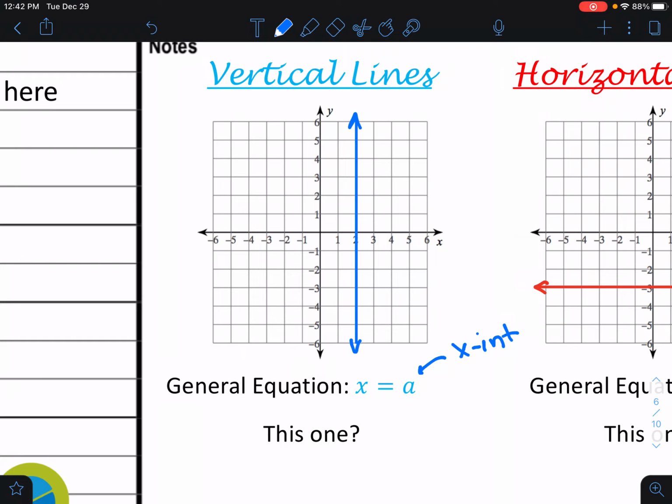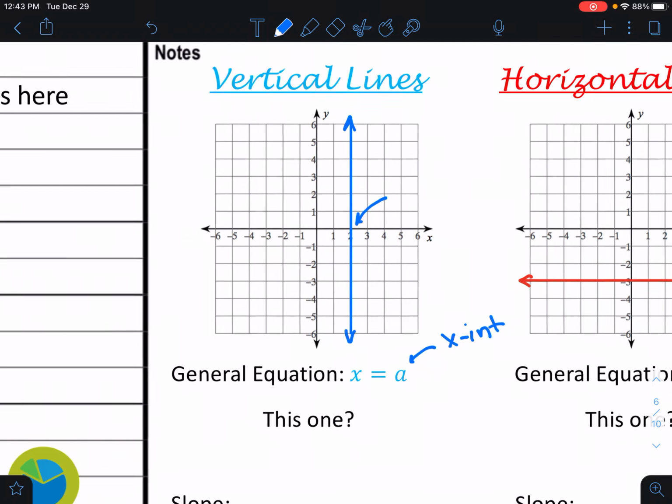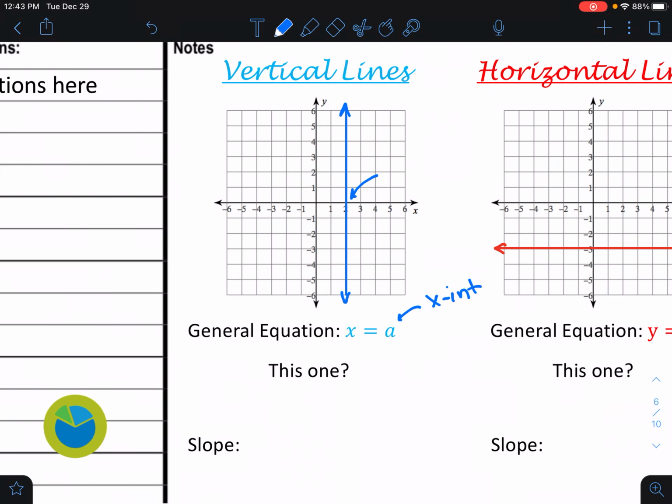Remember, the x-intercept is where the graph crosses the x-axis. So here would be where the graph crosses the x-axis. If you know that this is a vertical line, you can simply say the equation for this is x equals 2, since this graph crosses the x-axis at 2.